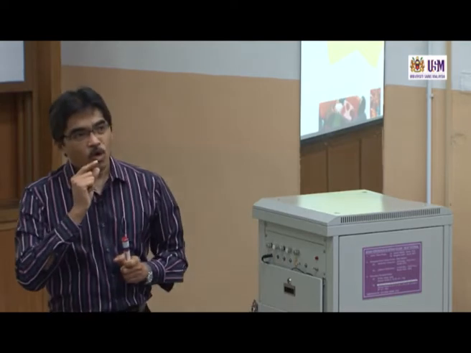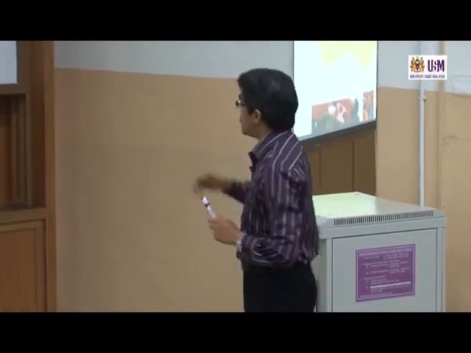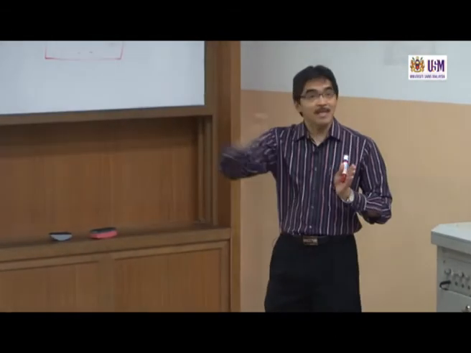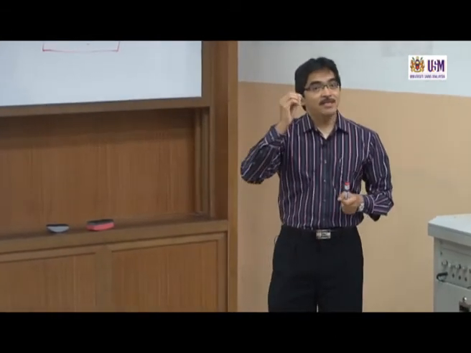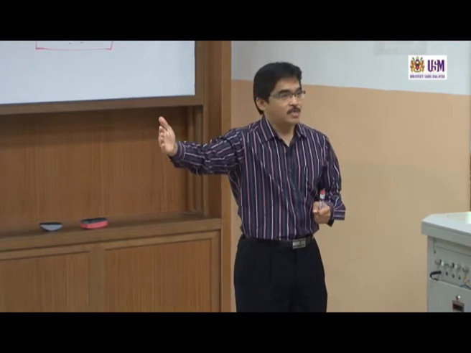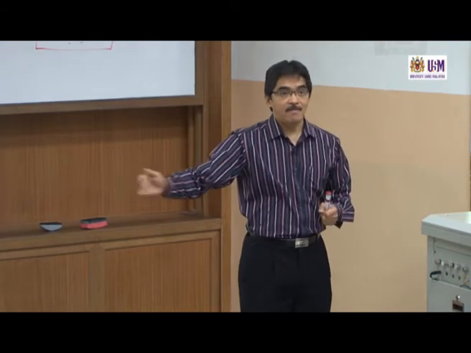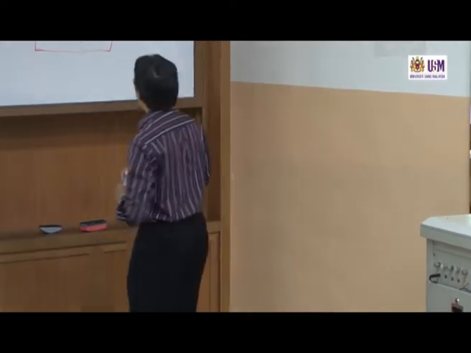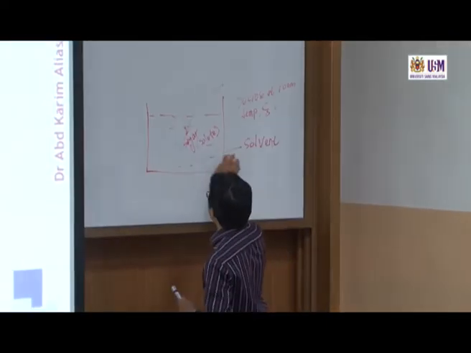Now, if we carry out this experiment at many temperatures, then we can determine the CS value at each temperature. Then we can plot a graph, and this graph is called the solubility curve.